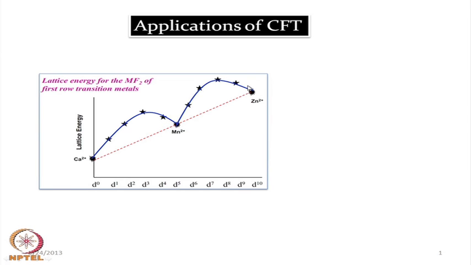This red dotted line is related to the lattice energy increase where we do not have any crystal field contribution. That is why it falls on a straight line which is monotonically increasing from calcium to manganese, manganese to zinc.